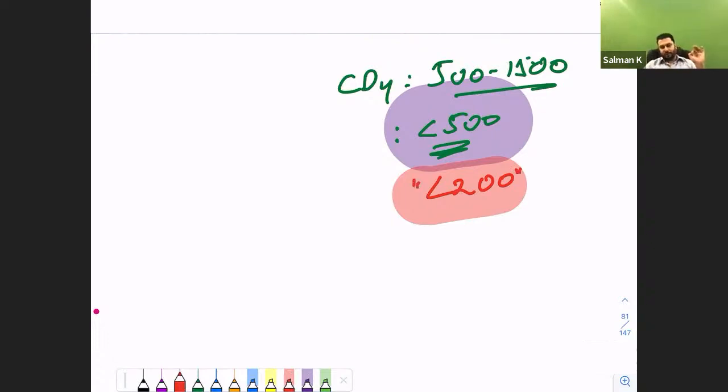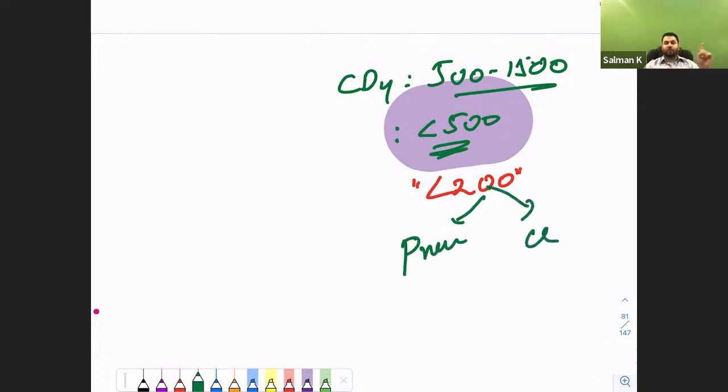Less than 200. Are you understanding what I'm saying here? This is the CD4 count where you see this kind of thing. And what were those things? You already have learned: one fungus causing pneumonia called Pneumocystis, and one fungus causing meningitis called Cryptococcus, right?